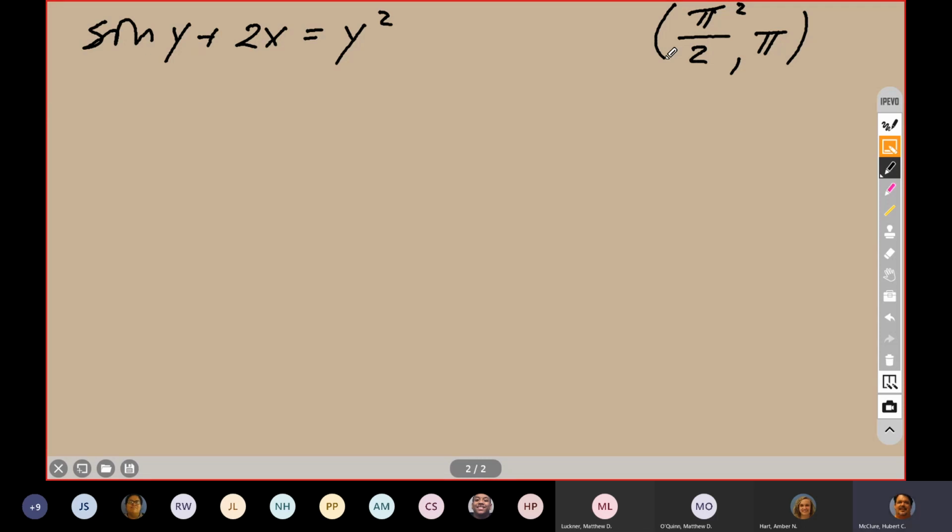So the derivative of sine is cosine. The derivative of 2x is 2. And the derivative of y squared is 2y times what? Y prime. Should you have a y prime with the cosine y? Yes, you should. Thank you. Put the y prime in front.